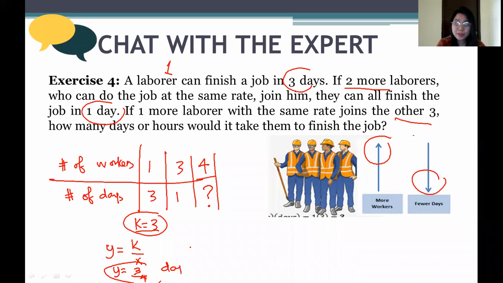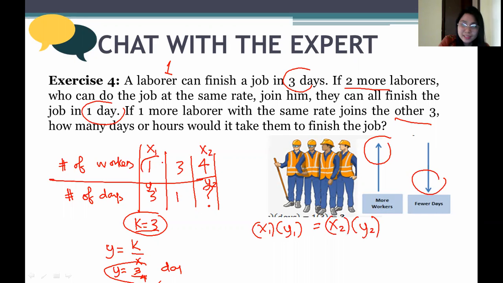Or let's do the other one. Ready? This is X sub 1, Y sub 1. X sub 2, Y sub 2. So you have X sub 1 times Y sub 1 is equal to X sub 2 times Y sub 2. X sub 1 is 1. Y sub 1 is 3. Equals X sub 2 is 4.